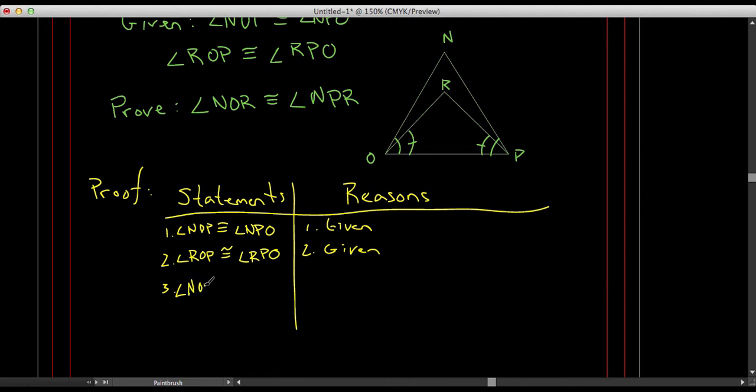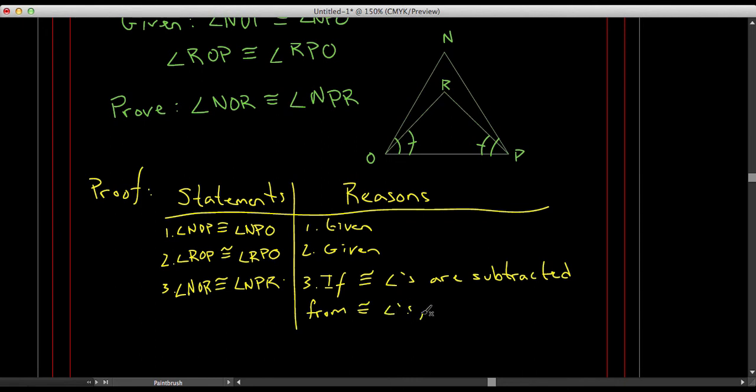So angle NOR is congruent to angle NPR, because if congruent angles are subtracted from congruent angles, the differences are congruent. So this is our subtraction property.